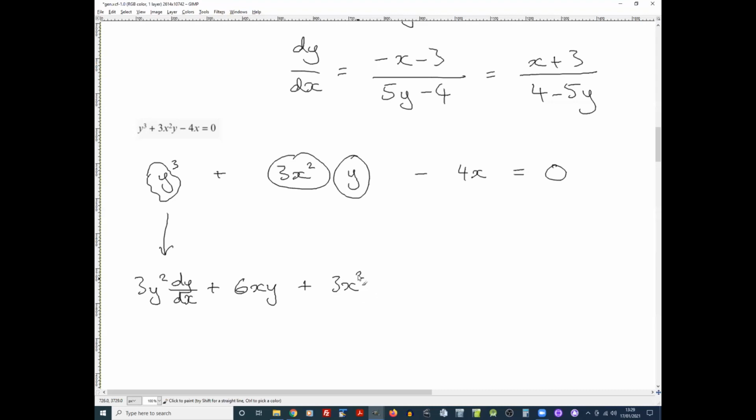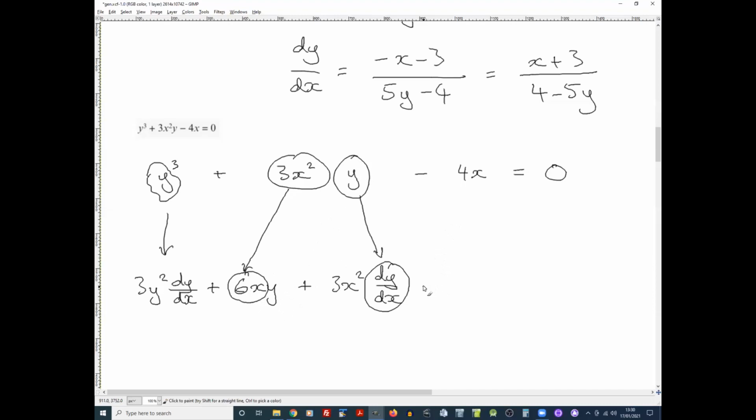What you're forgetting is we're differentiating with respect to x, and therefore y differentiates to dy by dx. Well, that part of it, and that part of it, and then the other bits are left alone. And that first y, we don't need a dy by dx for that one, because we're not differentiating it. We're leaving it alone in the product rule. So you were quite right to say 6x times just y left alone. We're differentiating the 3x squared, but not the y.